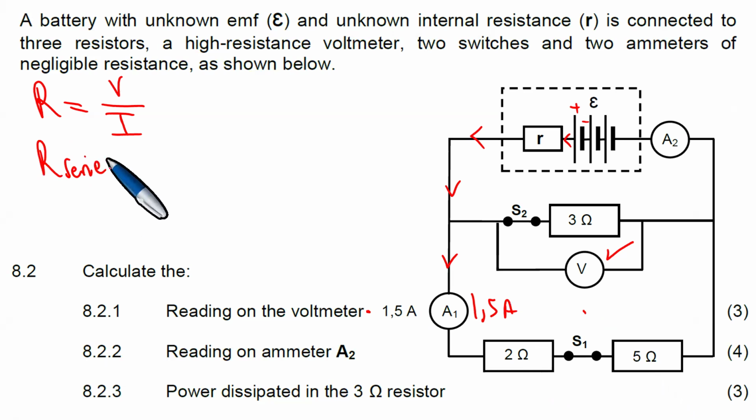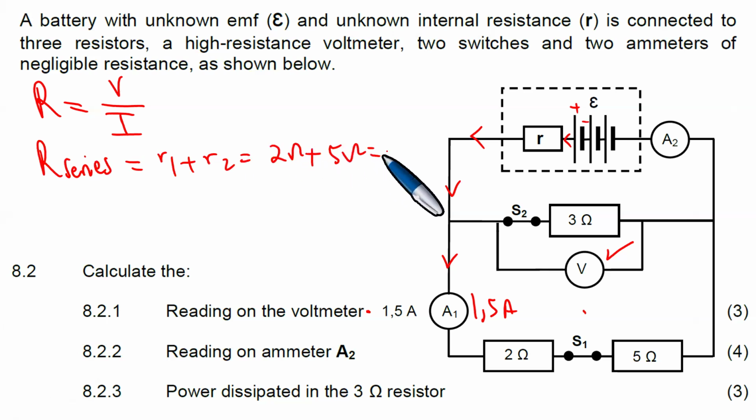R for the series combination would be 2 ohms plus 5 ohms. You can write R1, R2, 2 ohms plus 5 ohms, and this gives us exactly 7 ohms. Meaning here you're going to have exactly 7 ohms.